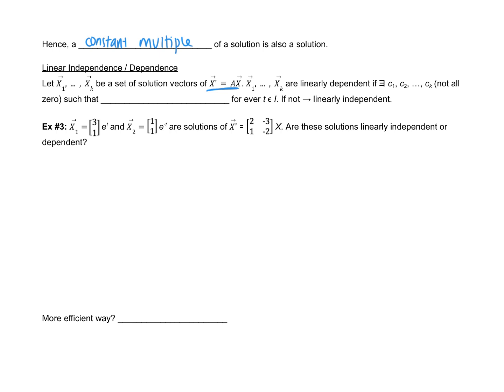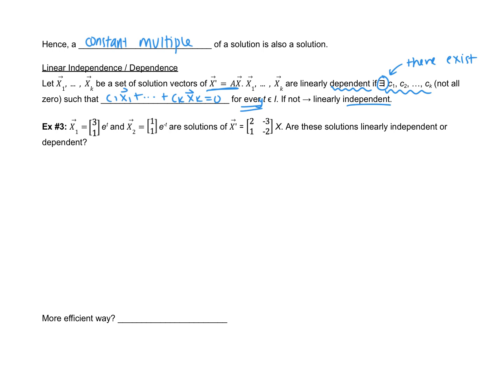Then x1 to xk are linearly dependent if there exist constants c1 to ck that are not all 0, such that c1 x1 add all the way to ck xk equals 0 for every t in our interval. If not, then we say that those solution vectors are linearly independent.